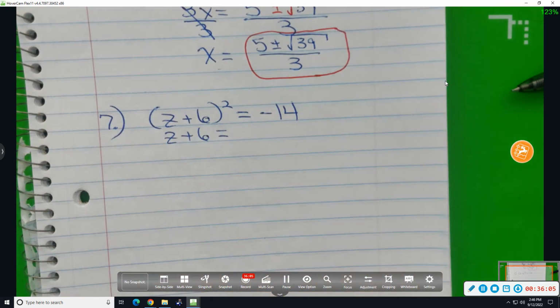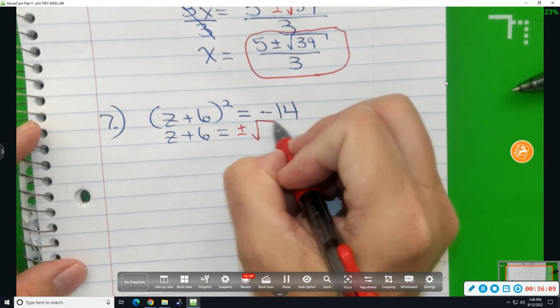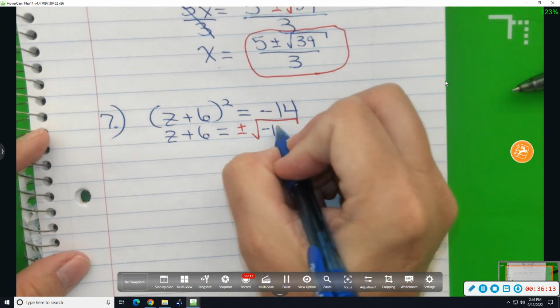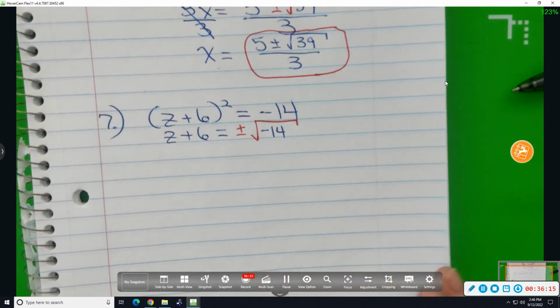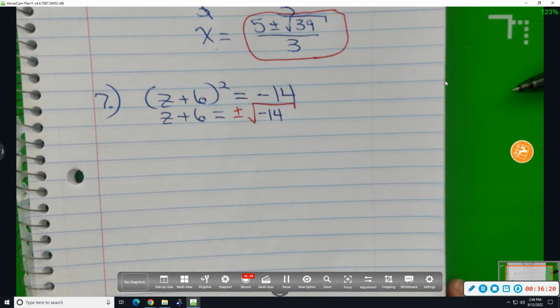But we pick up the plus minus square root of negative 14. Can we simplify that square root? There's something that's going to appear in my final answer.